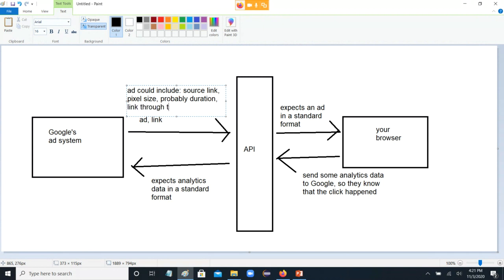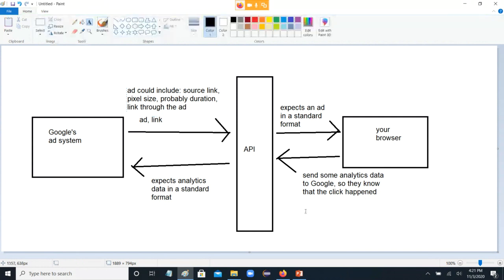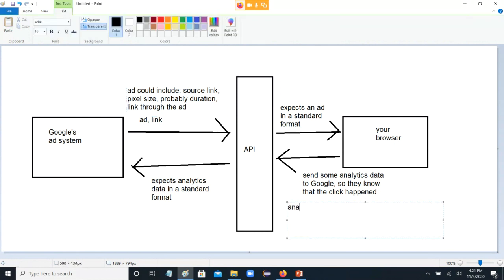A link through the ad, that sort of stuff. So all these basic things that are in the object, that's what Google's going to provide. Likewise, the analytics data that gets sent to Google could include the source page, right? What else? The time of the click, perhaps.